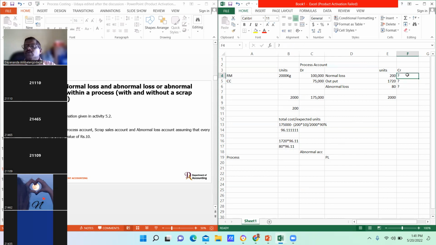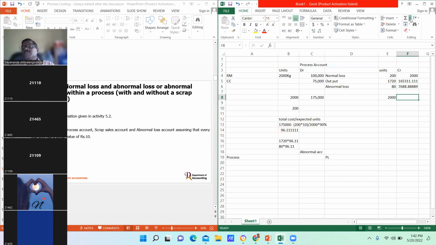Here the value would now be 2000. And here, the 1200 output multiplied by the unit cost, and that would be the answer. And here also, the 80 units of abnormal loss into the unit cost of 96.11, so that would be the total.